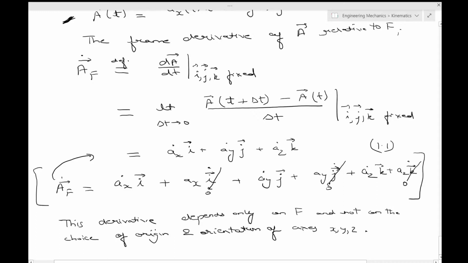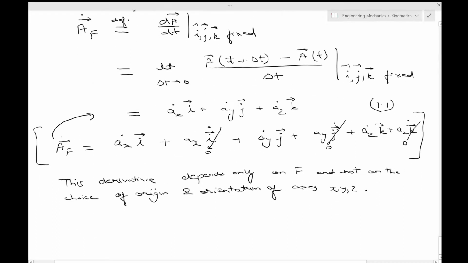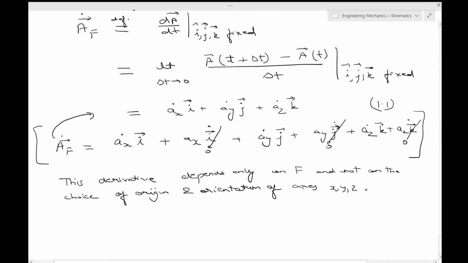What it means is that, let's have this frame F, and let's have this blue coordinate system, which is i, j and k.